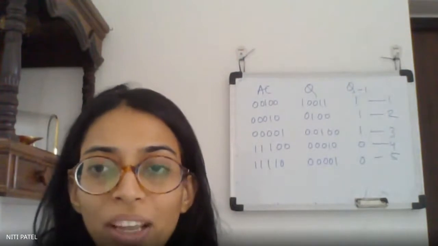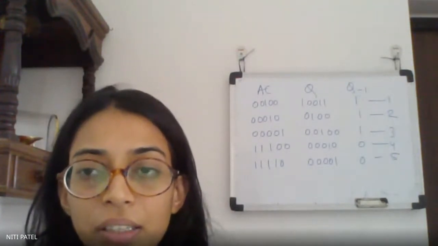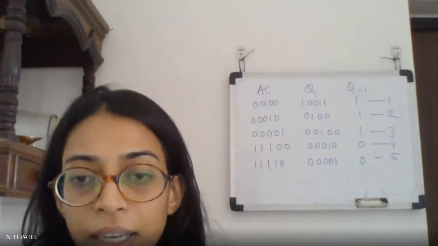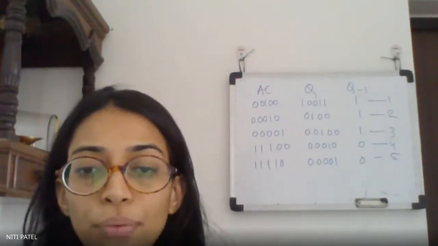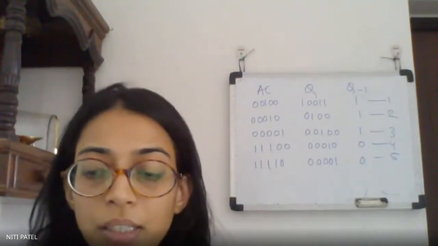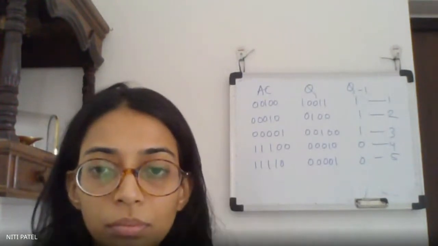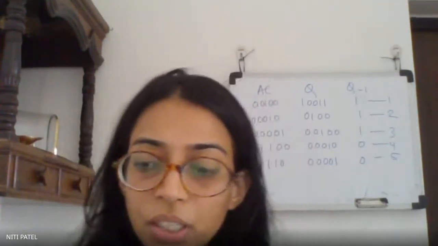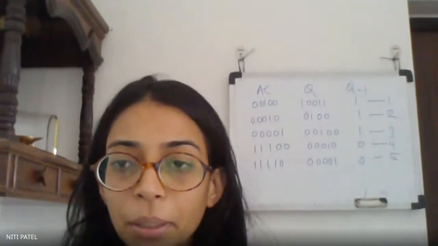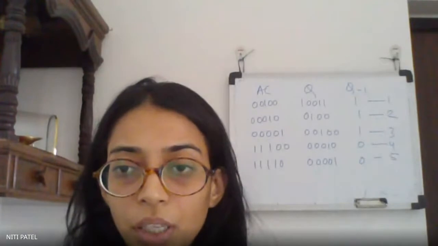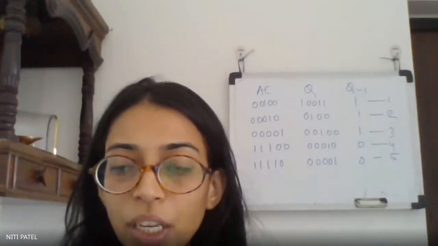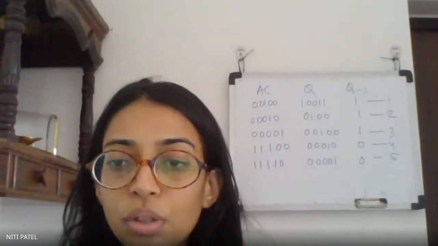Whatever you get as the final result of the last cycle in your AC and your Q is nothing but the product of your question. Is this clear? So with this, we have completed binary multiplication for signed as well as unsigned numbers. Signed multiplication algorithm is also called Booth's algorithm.